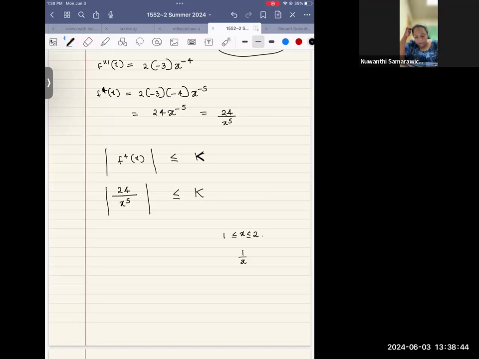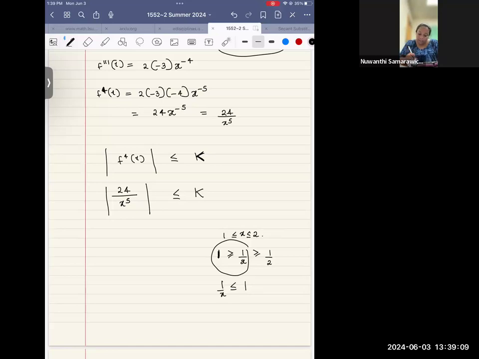We flip the inequality, so 1 over x should be between 1 and half. So we can take from this that 1 over x is less than 1.